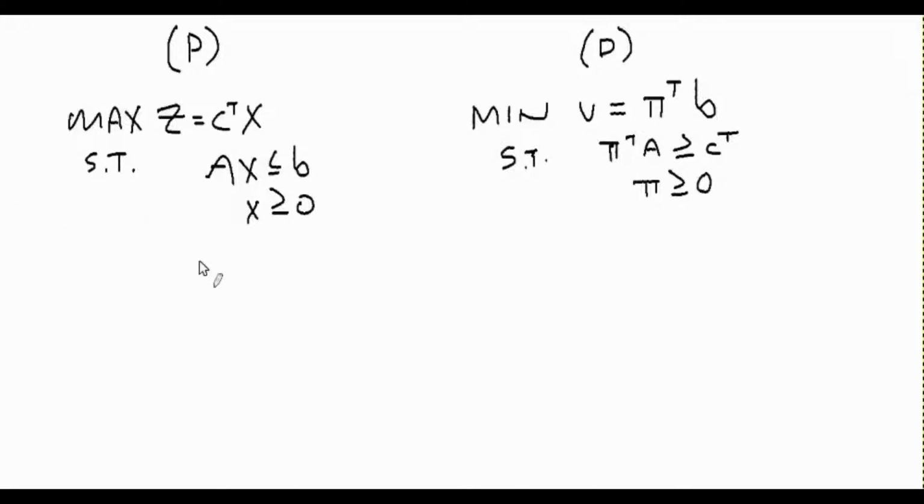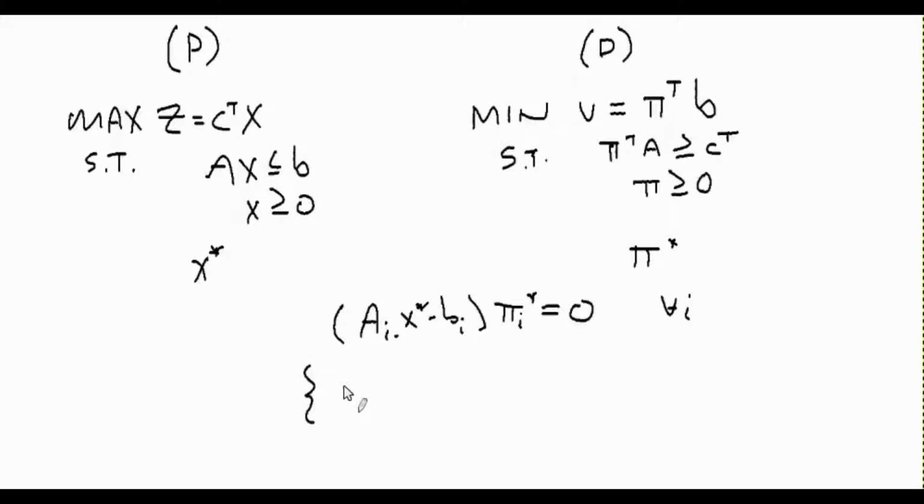Now let us suppose that there is an optimum solution to the primal x star, and that there's an optimum solution to the dual pi star. Then the complementary slackness conditions are just the following: (a_i dot x star minus b_i) times pi star i equals 0 for all i.